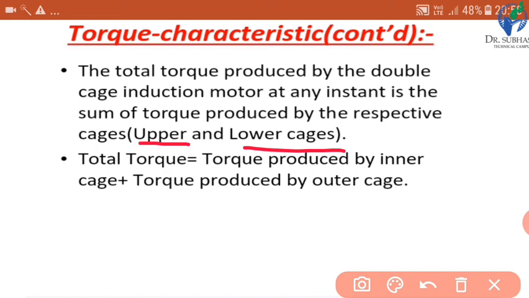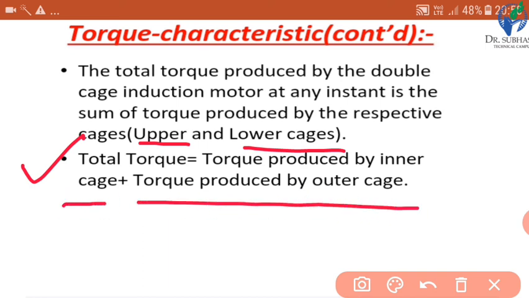So total torque is equal to torque produced by the inner cage plus torque produced by the outer cage. Due to this, the starting torque of a double cage induction motor is high as compared to a single cage or normal induction motor.